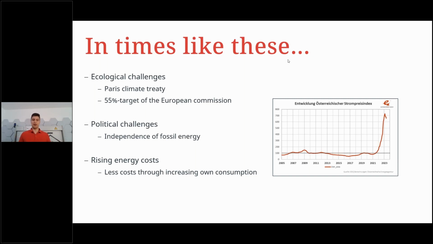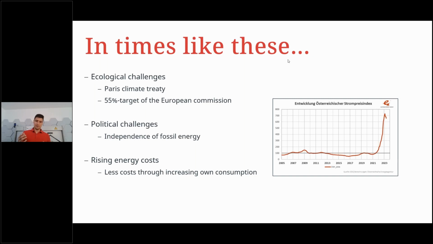They want to do something good for the environment. They want to fight the rising energy costs. And they soon realize that just the modules is not very efficient. They can run their dishwasher and their washing machine, but this doesn't really save a lot of costs. It doesn't really protect the environment, and it doesn't really make them independent.